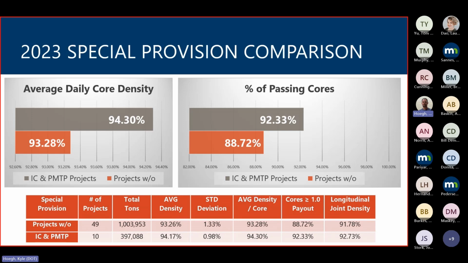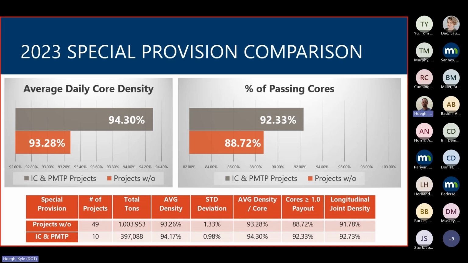And they're all held to the same standard. They're all held to the same pay table, but we did see almost 1% higher percentage in density compared to the ones that didn't. So just by having the technology on the project, an observation we saw is that in general, the quality seemed to be better.